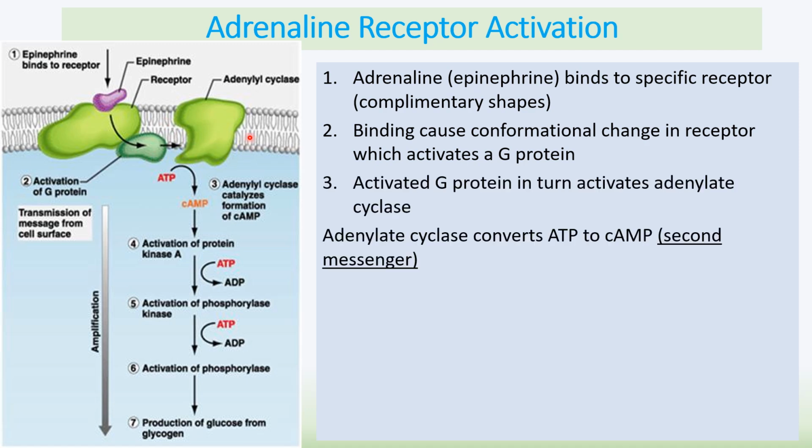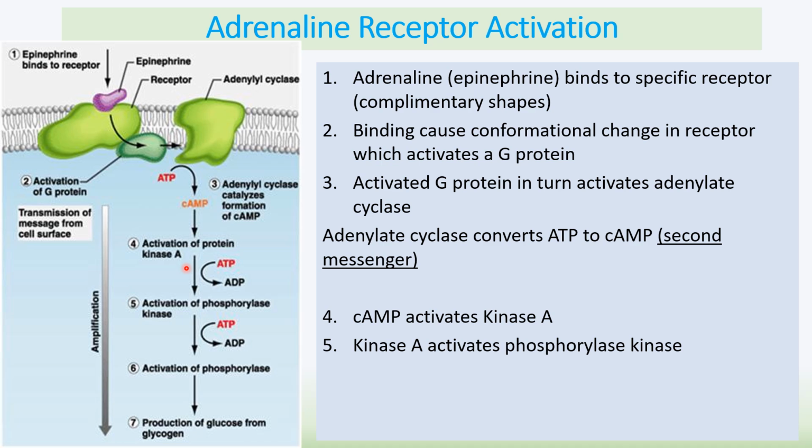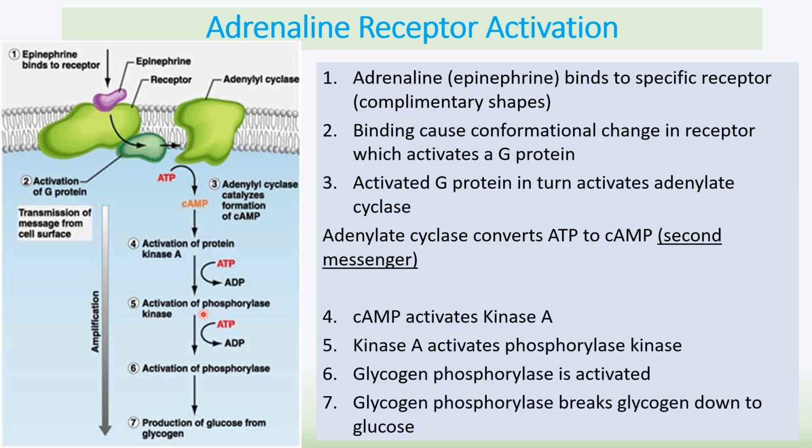Adenyl cyclase, or adenylate cyclase, converts ATP into cyclic AMP. And then cyclic AMP activates an enzyme called protein kinase A. Protein kinase A then activates phosphorylase kinase, and then glycogen phosphorylase is activated, which converts the breakdown of glycogen to glucose. And you need to be able to talk your way through that series of reactions.